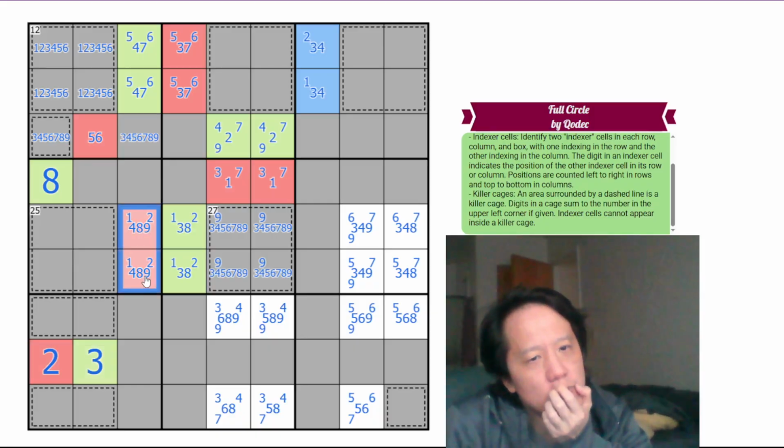Green's index column. So red would index row. So it'd be 4 or 9.